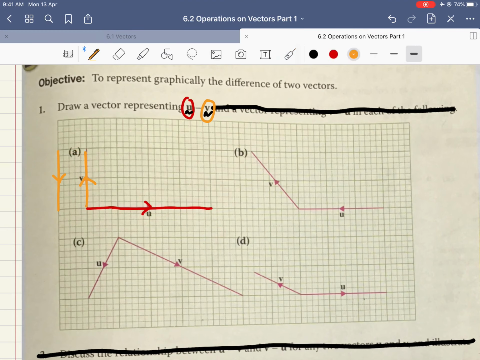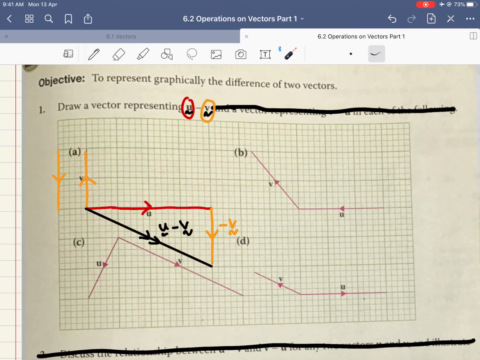So u minus v in this case will look like this. This is negative v, and my resultant will be like this. Not so nice, let me try to draw it out again. And this will be the resultant of vector u minus vector v.